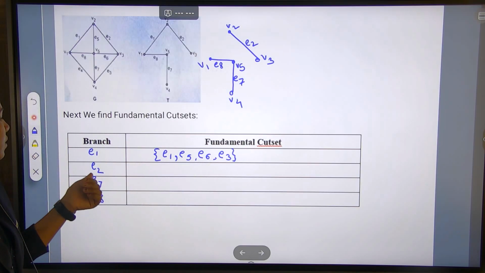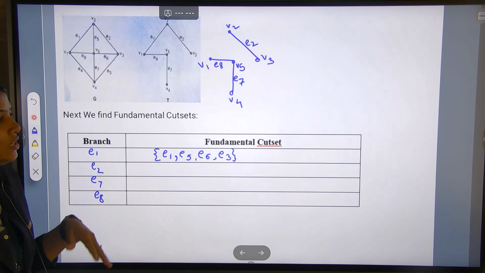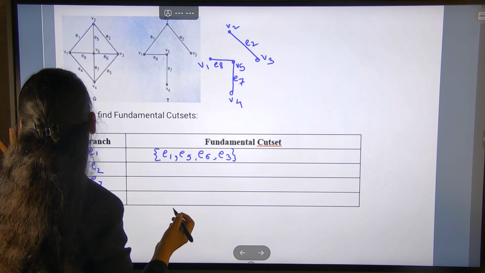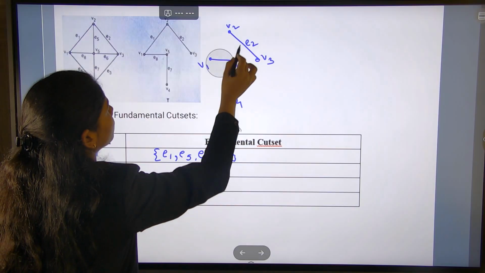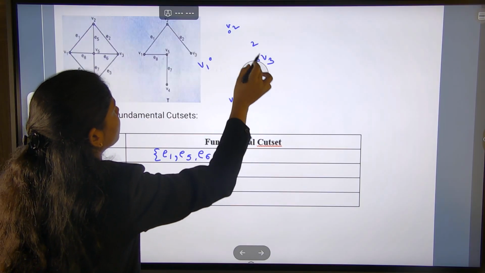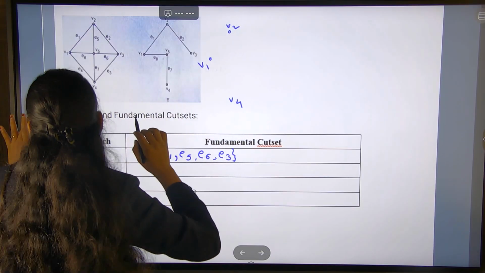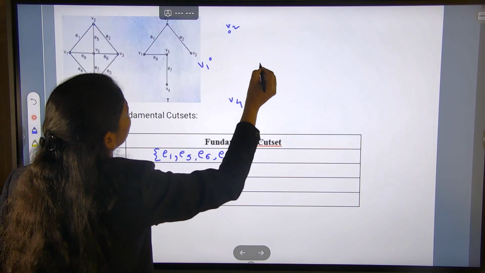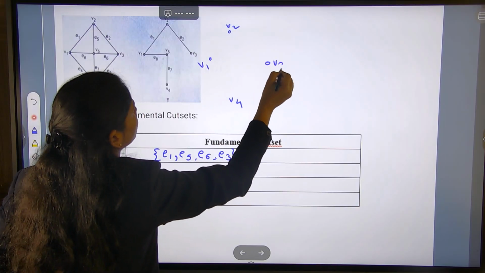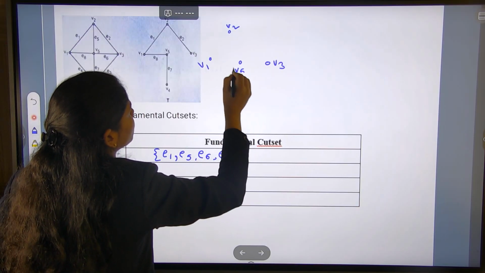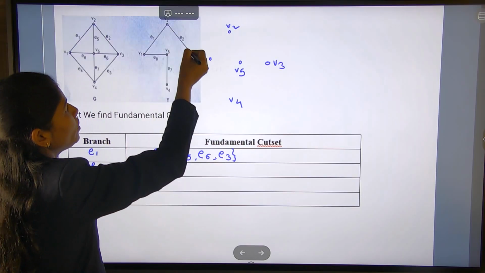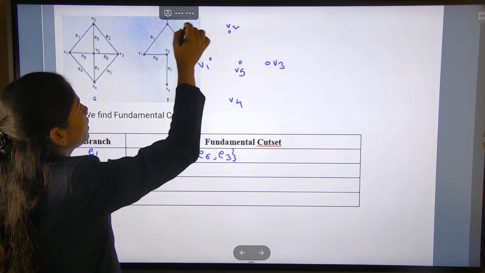So this is the fundamental cut set with respect to branch E1. Next, find the fundamental cut set with respect to the branch E2. So remove E2 from the spanning tree.